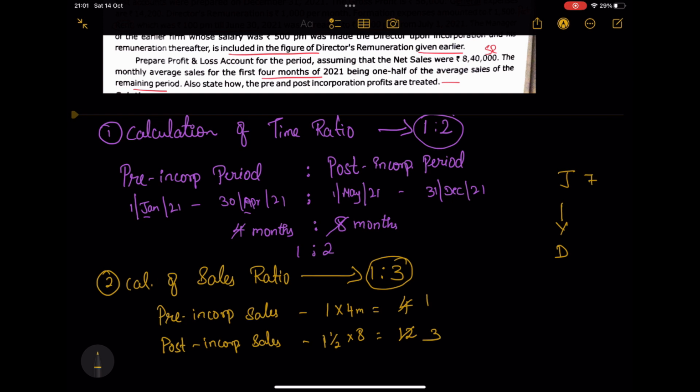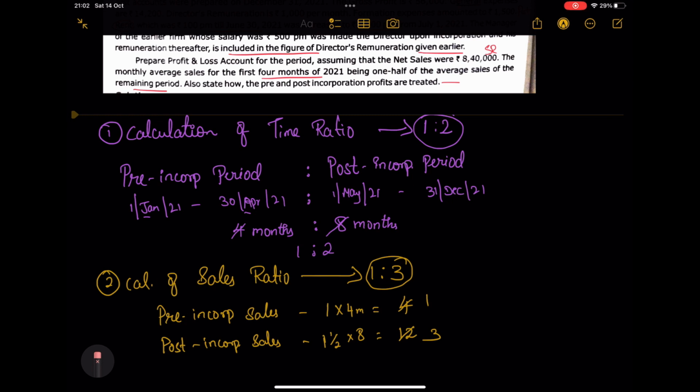So here I have taken directly what they have given in the question in simplified manner, I have assumed my average sales as 1 into 4 months and 1.5 into 8. This is how I calculated. Don't need to do long procedures. Simple calculation will be easier in the examinations. Got it?